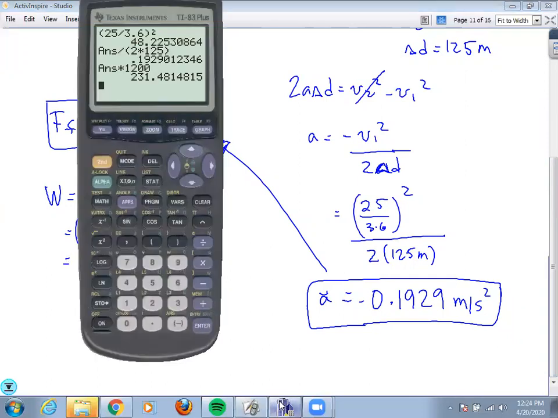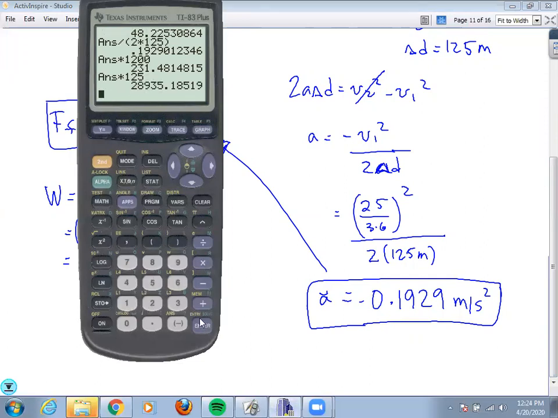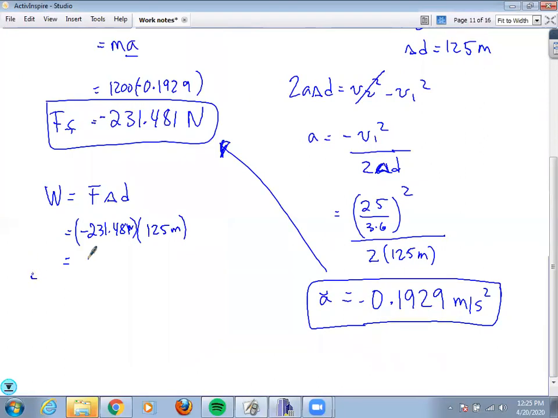So we take the 231, and then we multiply that by 125 meters. The work done by friction is 28,935 joules. It's negative because of friction. And to our final answer, the significant digits.